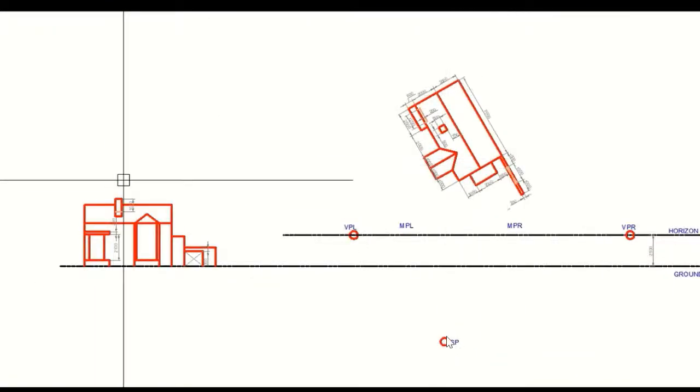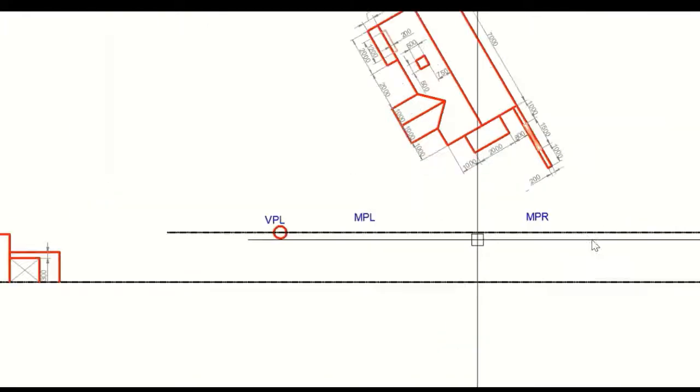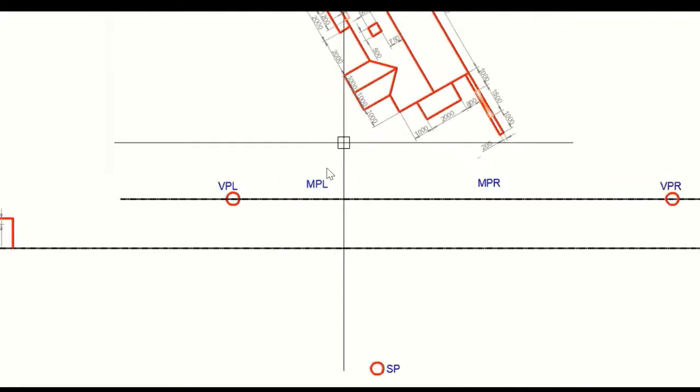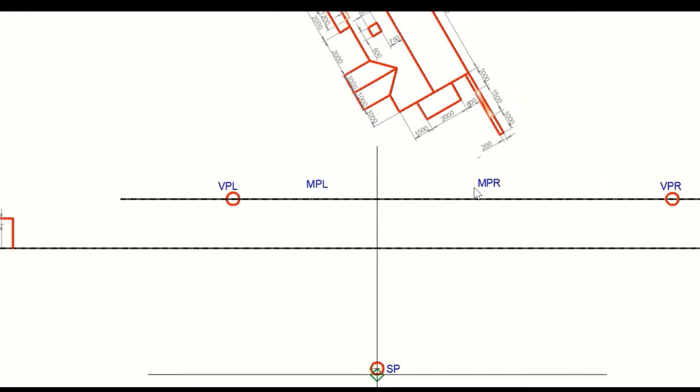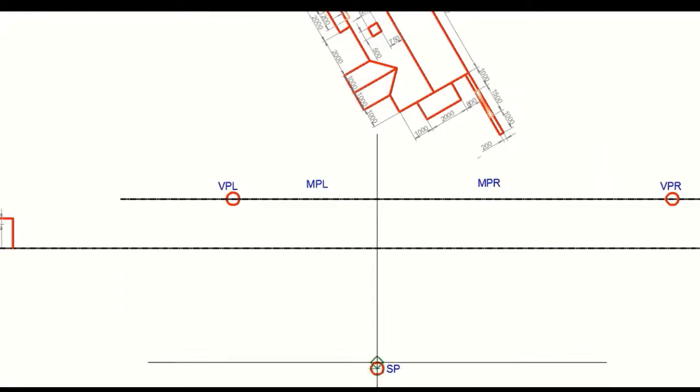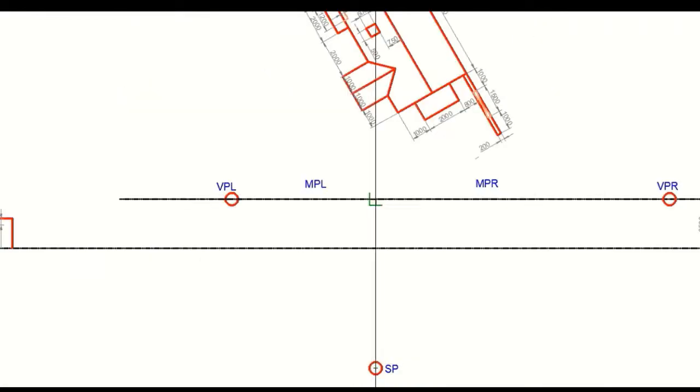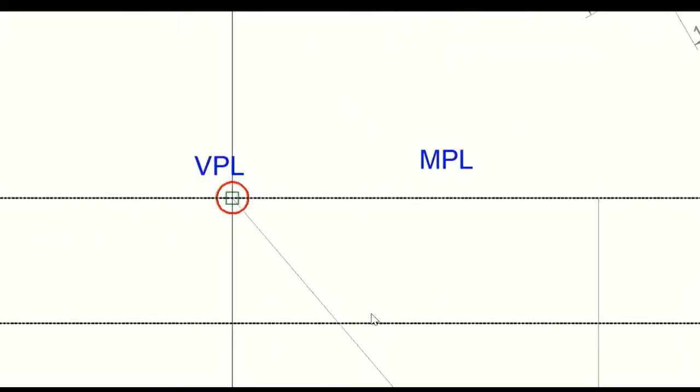And I have marked the station point, vanishing point left, vanishing point right, and measuring point left and right. We have to mark these two points now. For this, we join the vanishing point to the station point.